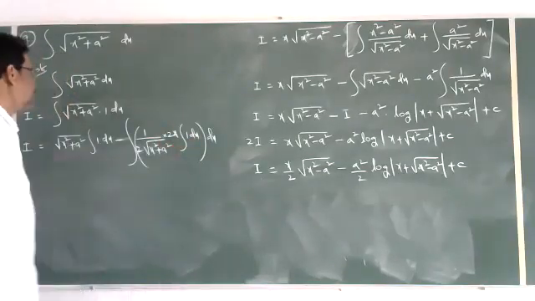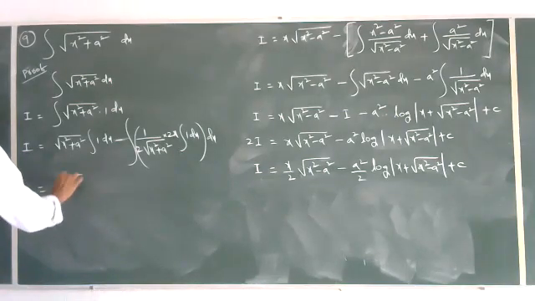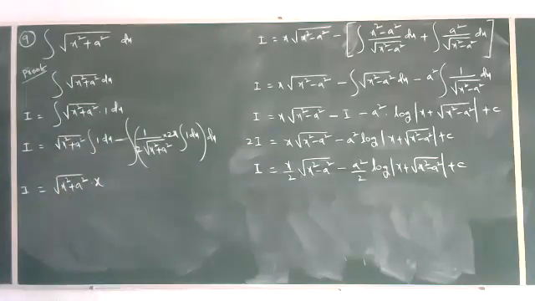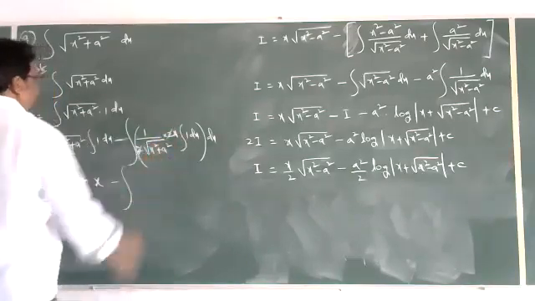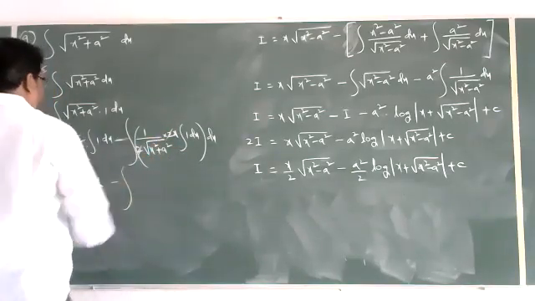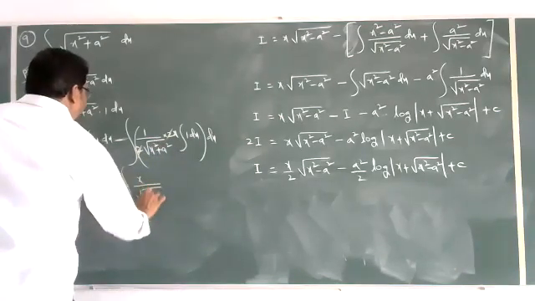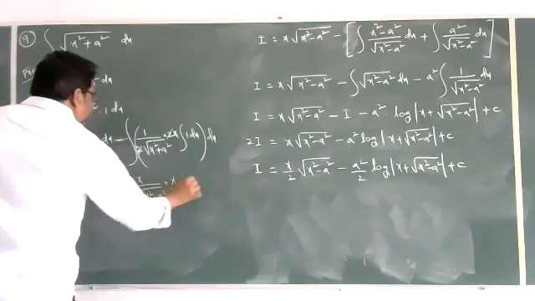That is, I is equal to root of x square plus a square into integration of 1, which is x, minus, here 2 cancels, minus integral x by root of x square plus a square into x dx.